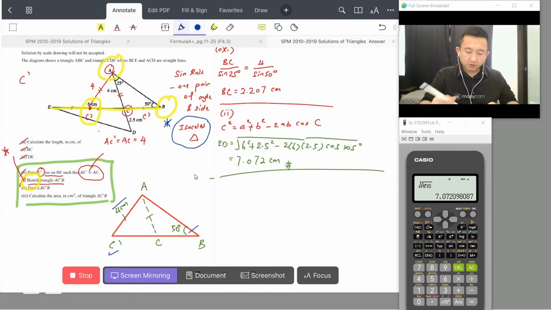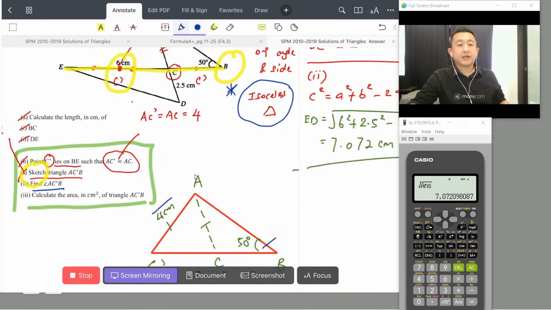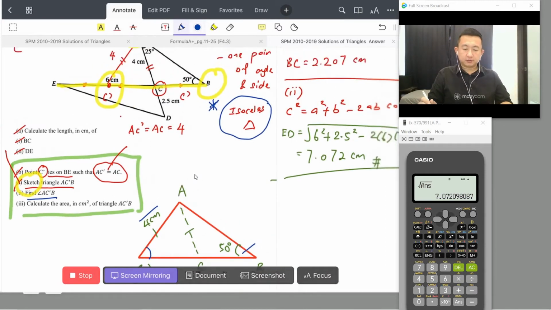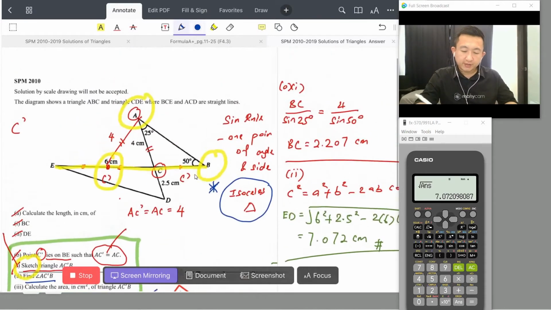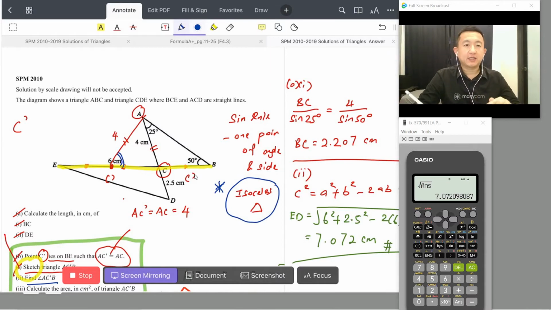Okay, afterwards look at the questions. Find angle AC prime B. Where is the angle? This is the angle. You need to find this one. Okay, so in order to find this one, let's look at the diagram. We have to find this angle AC prime B, and you know that this is an isosceles triangle ACC prime, so this will be the same angle. Same, okay?